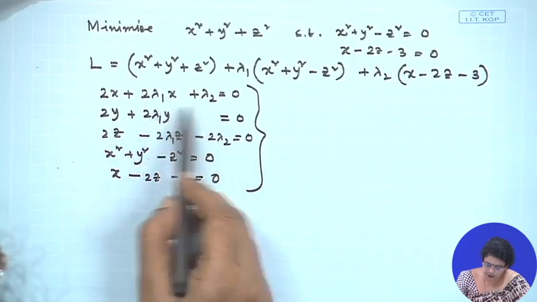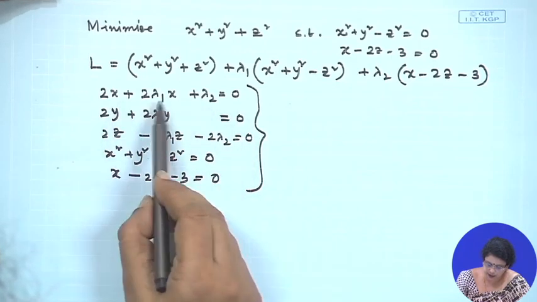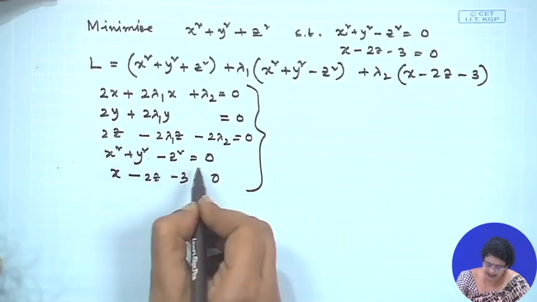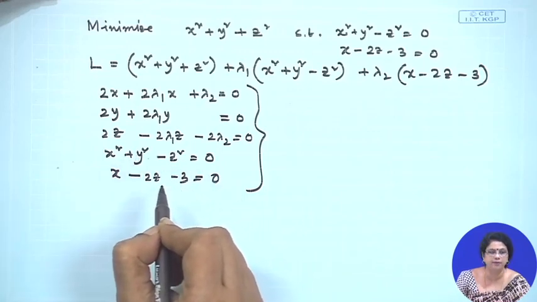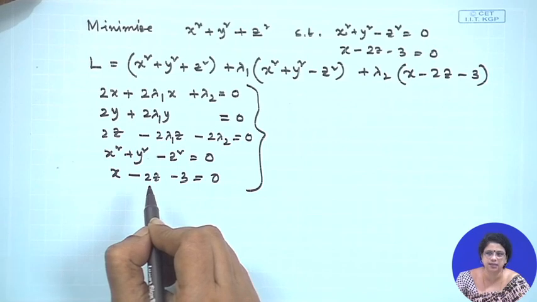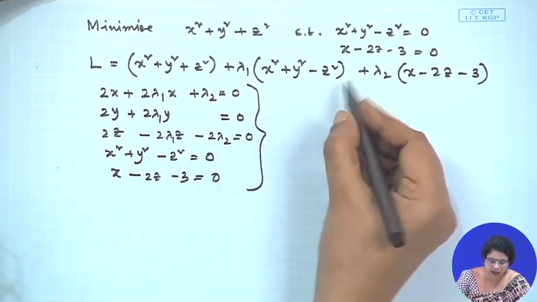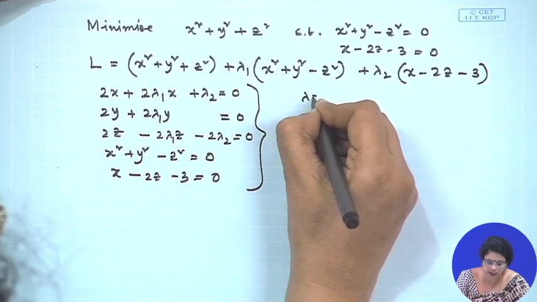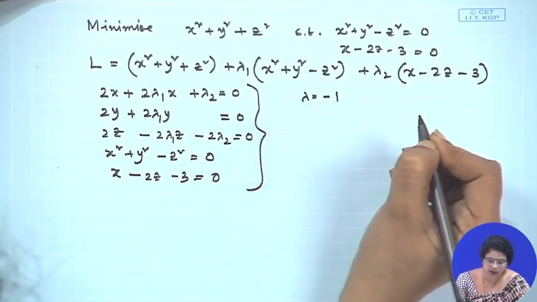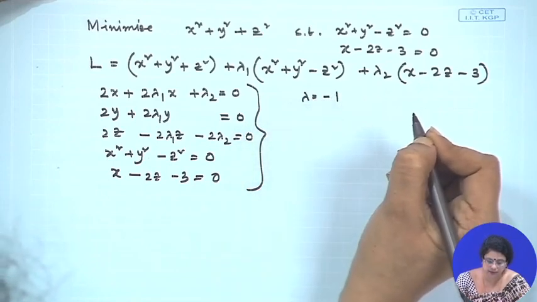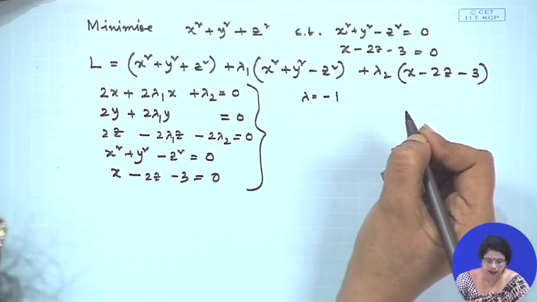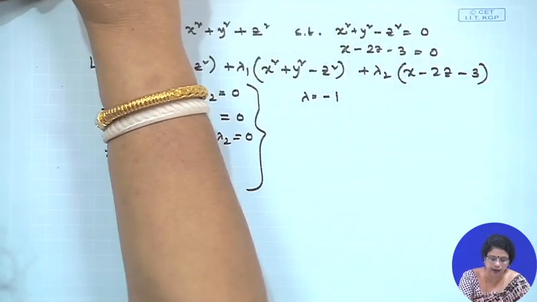Now, if we substitute the value of x, y and z in these cases, we will have different combinations of lambdas.